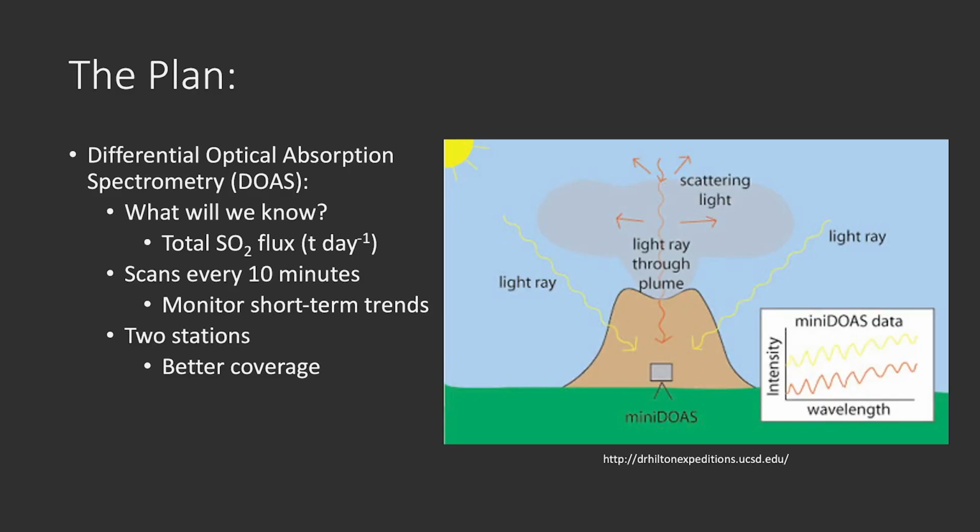So if we look under specific wavelengths or bands for sulfur dioxide, where we know the gases are absorbed, we're able to quantify the total amount of molecules of sulfur dioxide that are present in this column.